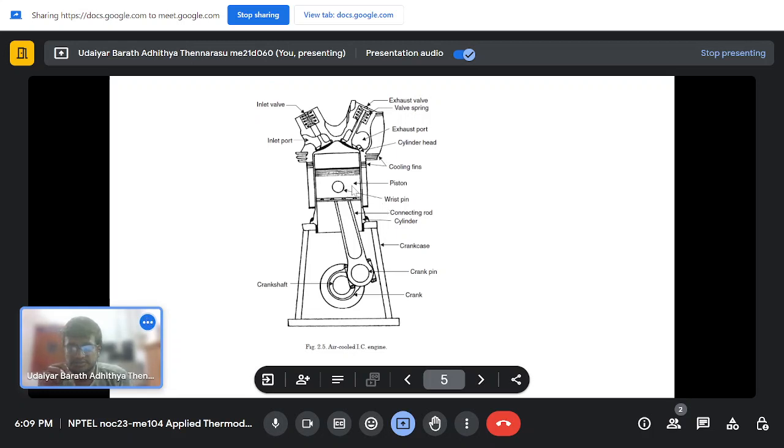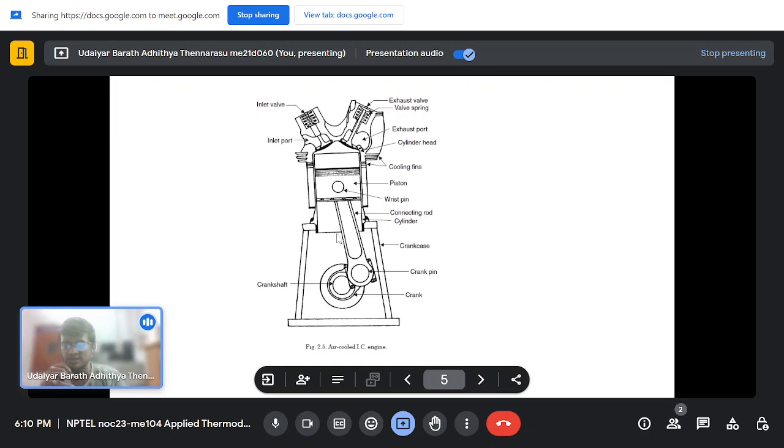The piston moves inside the cylinder. It's called a cylinder in which the piston moves. There will be a piston ring between the piston and the cylinder. This is to stop the expanding fluid in the combustion chamber from going out.